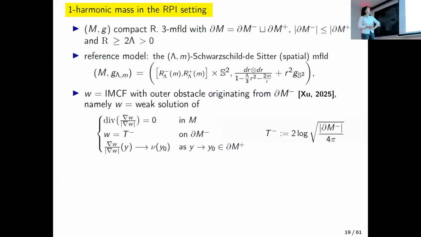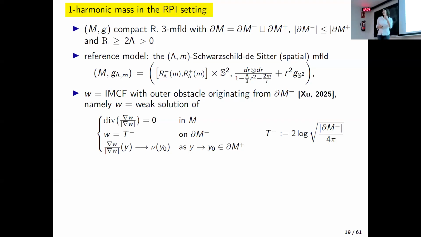Now, let me again introduce the inverse mean curvature flow also in this setting. In this case, this inverse mean curvature flow with outer obstacle of type 2 will not start from a point, like in the case of the positive mass theorem. We start from the black hole type boundary, the boundary M minus, and we start having exactly this value. Why? What is this parameter T minus?